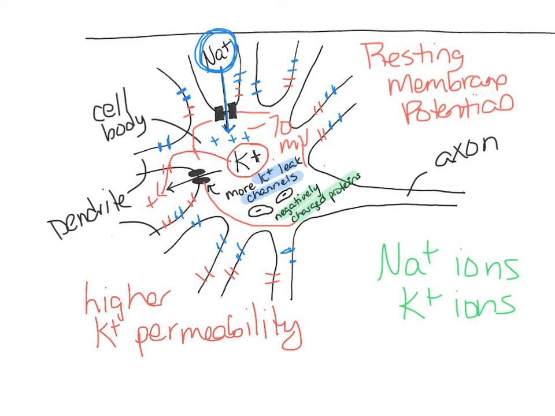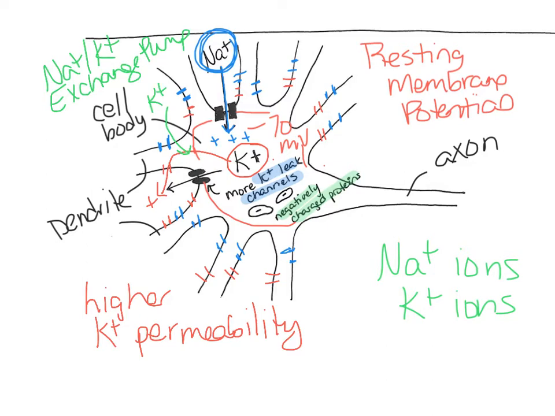But the other thing is, as potassium is moving out, we're losing a lot of potassium inside the cell. And a lot of sodium's moving in, so we're accumulating a lot of sodium inside the cell. So we also have this pump, if you remember, called the sodium-potassium exchange pump. Right? So we're losing a lot of potassium. So that exchange pump is going to pump potassium back in.